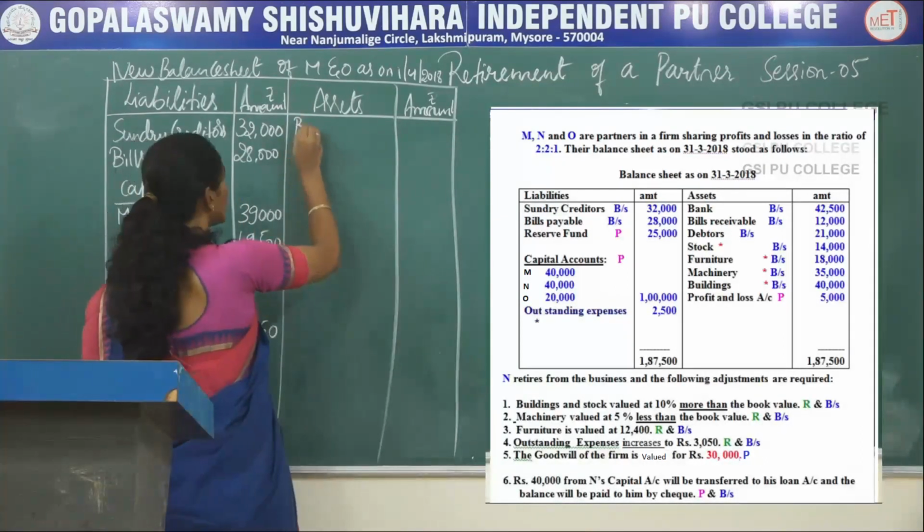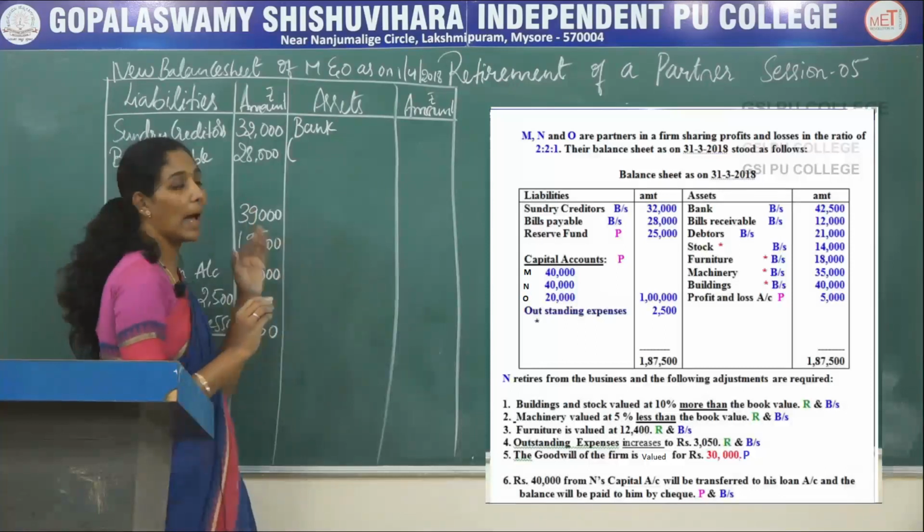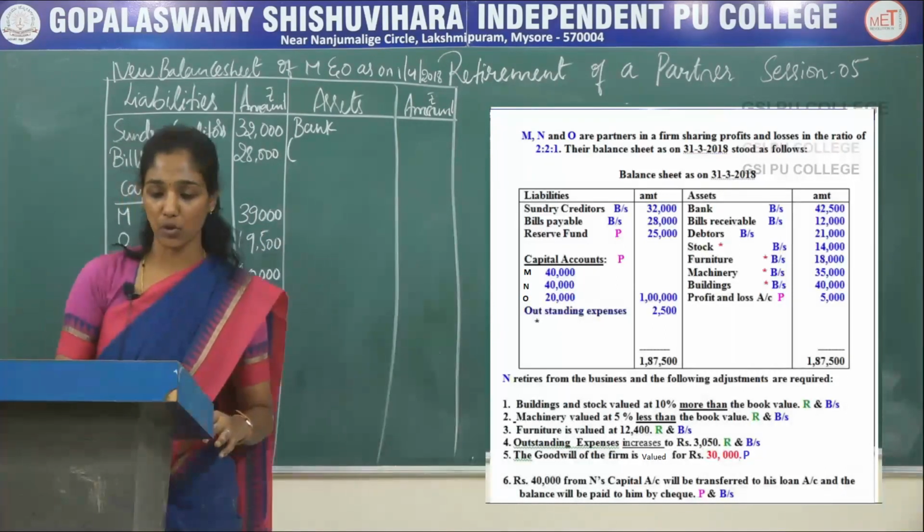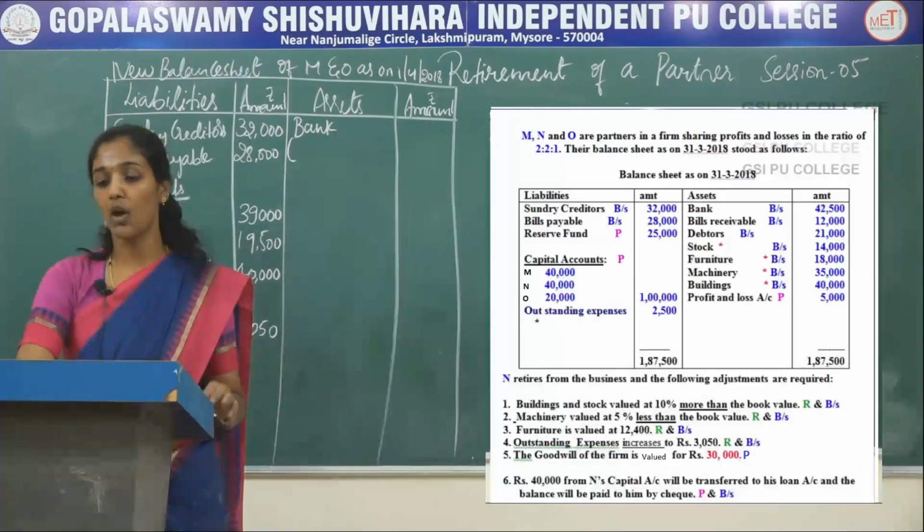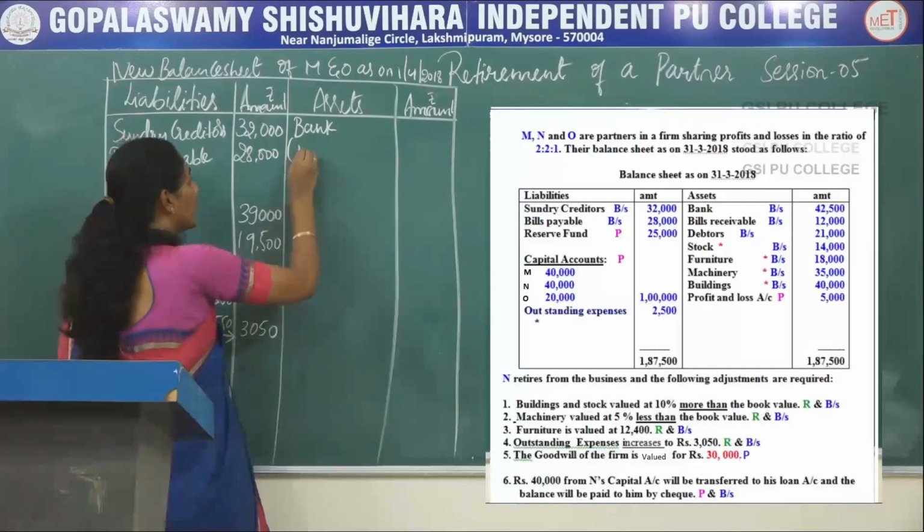Asset side, the first asset is bank. What is the actual bank balance given in your old balance sheet? That is rupees 42,500.